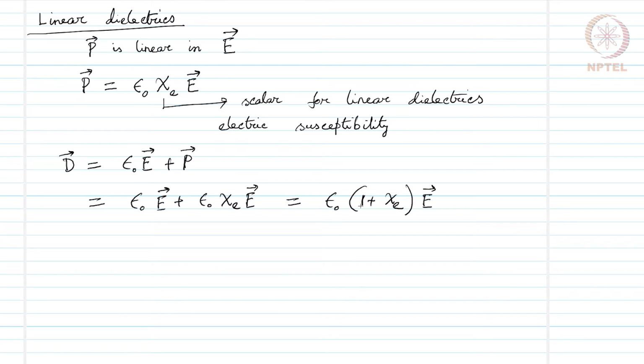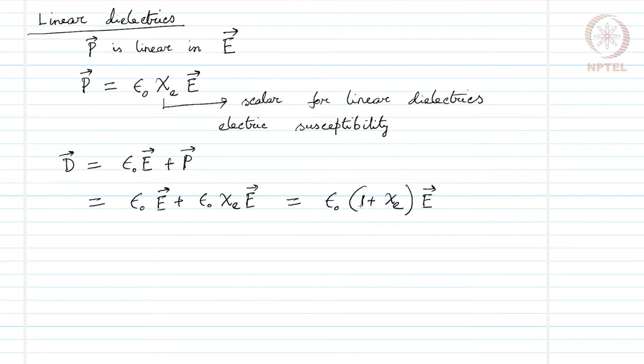In general, for a nonlinear material, chi E would be a tensor. It is not necessary that the response of the material is linear in the electric field. It's also not necessary that the response is in the direction of the electric field. It may be along different directions.